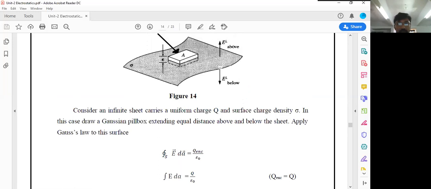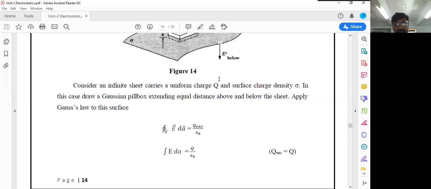And if we consider the area below the sheet, the direction of area is downward and the direction of electric field is also downward. So in this case both are also parallel, so the angle between them is 0.